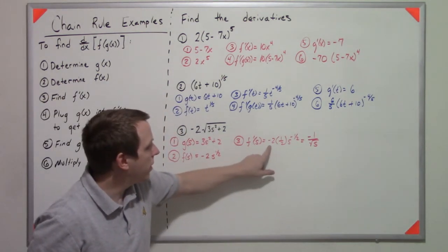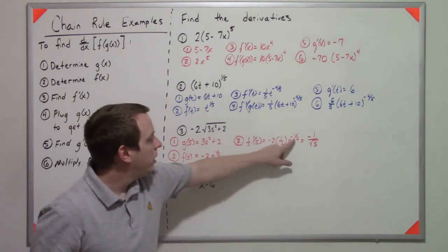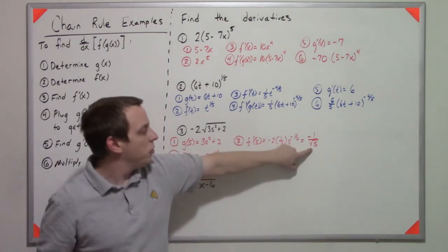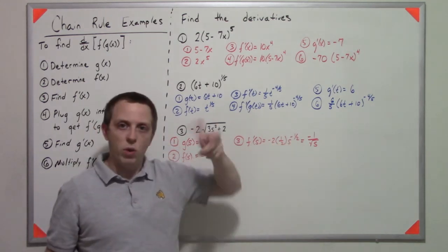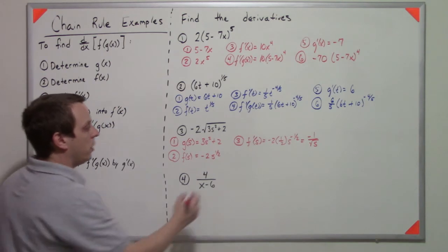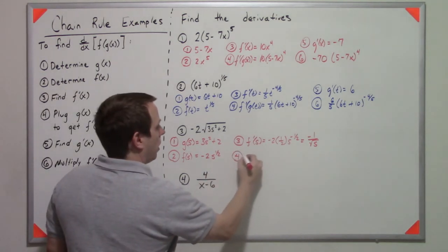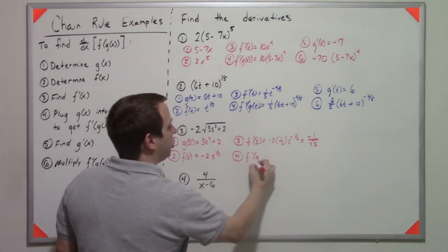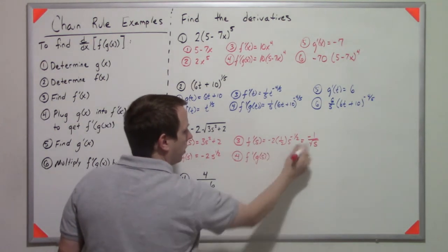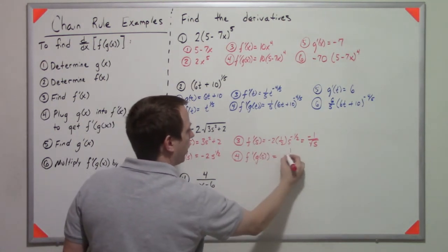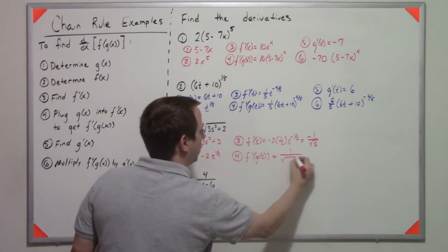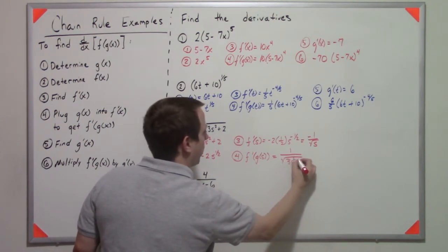Because those cancel, leaving a -1. To the -1/2 turns it into a reciprocal, and that 1/2 power is the square root. So f prime at g of s, again, you take this, and wherever you see an s, you plug in the whole part of g, 3s squared plus 2.